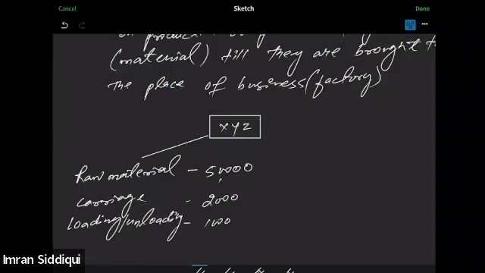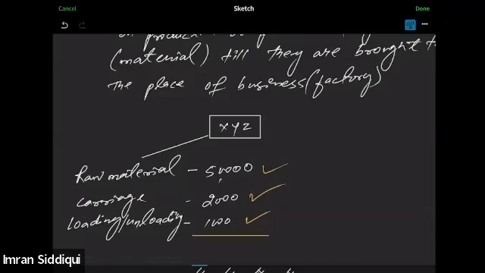All right. So whatever expense has been incurred on purchase of raw material, number one, plus bringing that raw material from the market to the factory, the expense incurred on transport, which is carriage, will also form part of the cost of raw material. And whatever expenses we have incurred on loading and unloading of the raw material to the truck and from the truck till it is brought to the factory is also considered part of the cost of raw material.